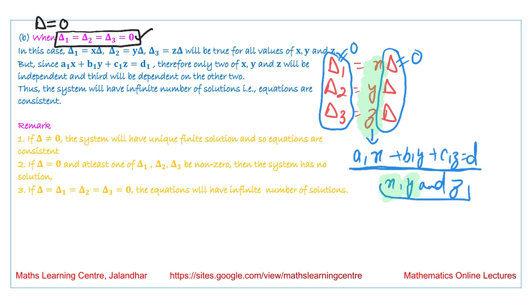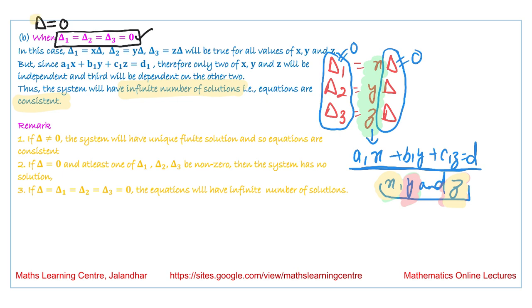If we are talking about x and y, they will depend upon z, or y and z will depend upon x. So basically we will have infinitely many solutions. The system will be consistent and it will have an infinite number of solutions.